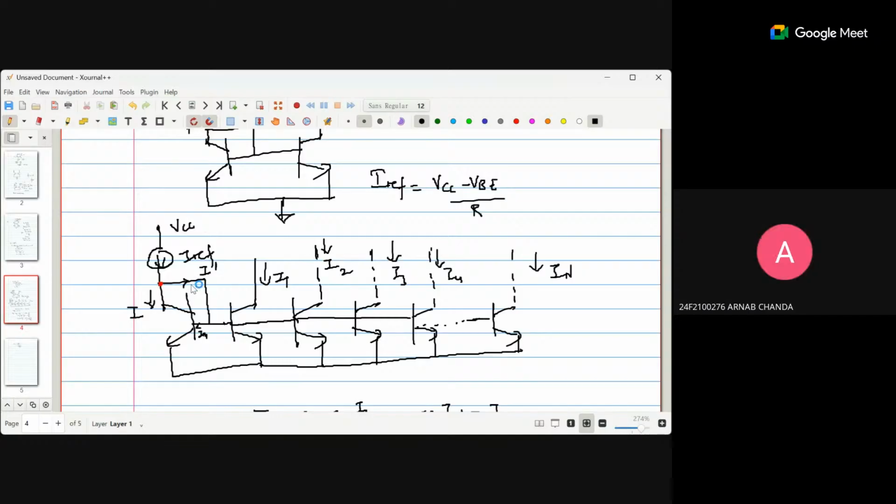It will pass through the transistor, the base and then the emitter, and go down, because it is at the saturated point, right? This transistor will act as a closed switch, so this I will flow to the ground.